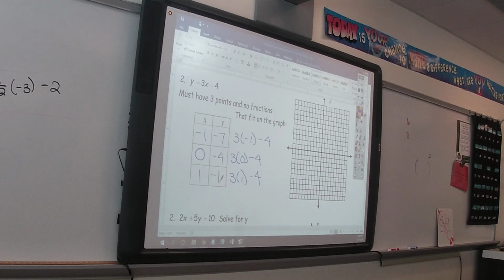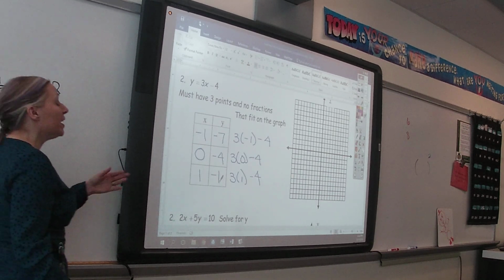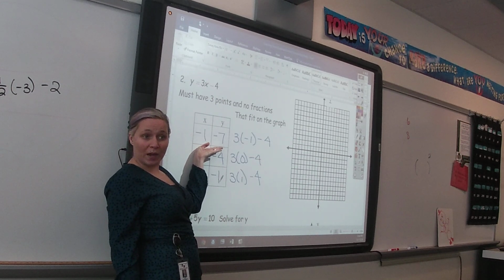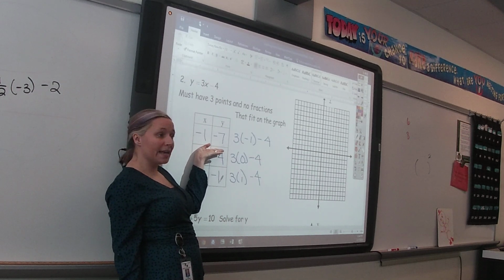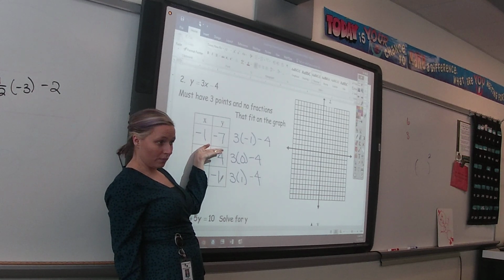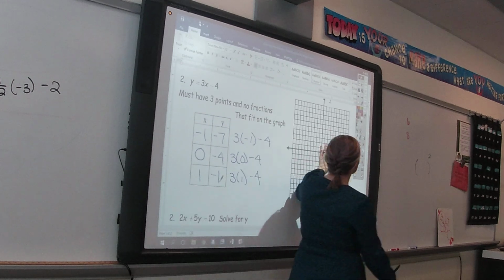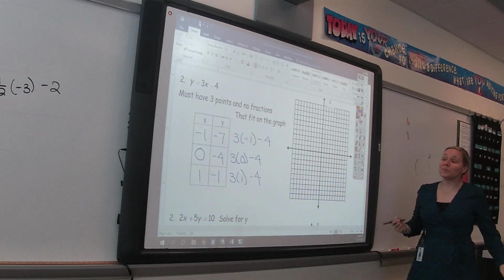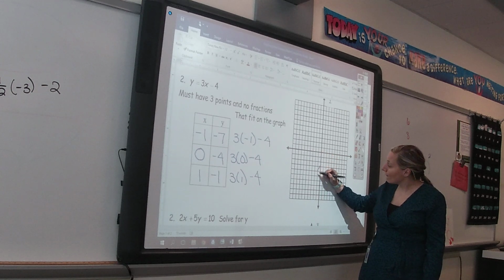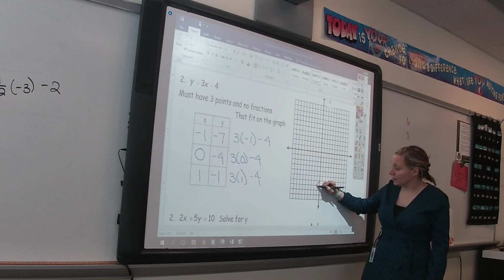Okay, after we do that, these are the same thing as ordered pairs. This is really the ordered pair -1, -7. So we can go over here to our graph and plot the point -1, -7.